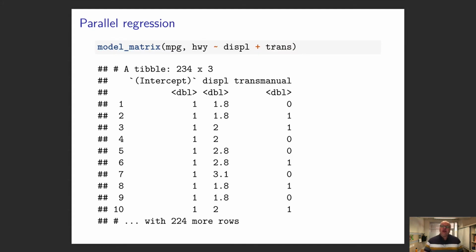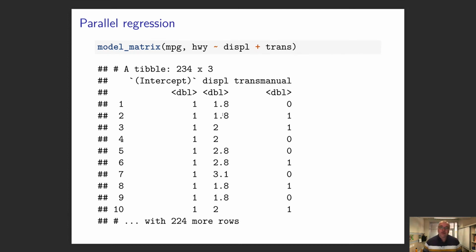But what if I add in a categorical? So now my formula is the response variable is fuel efficiency. I now have my displacement, which is a continuous quantitative variable, and I have trans, which is a categorical. How does it deal with that? Well, it steals the idea from one-way ANOVA for representing categorical variables. We've got our column of ones for our intercept.